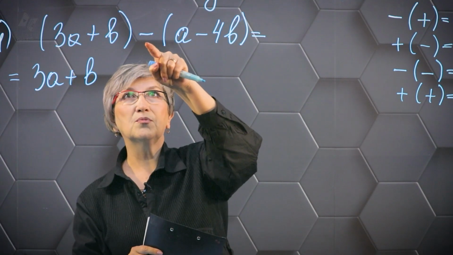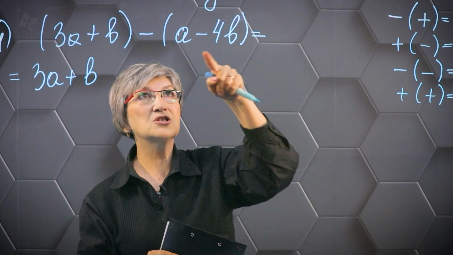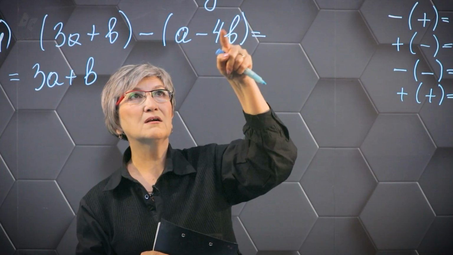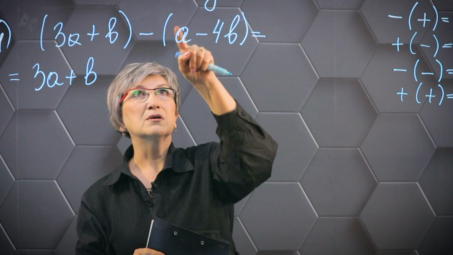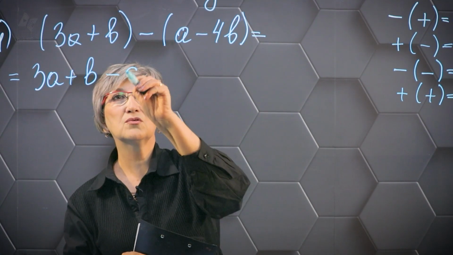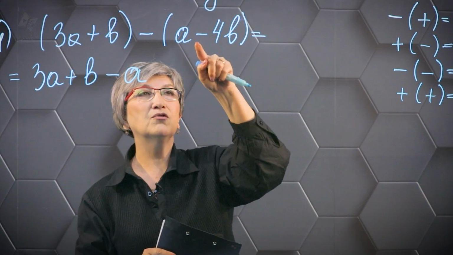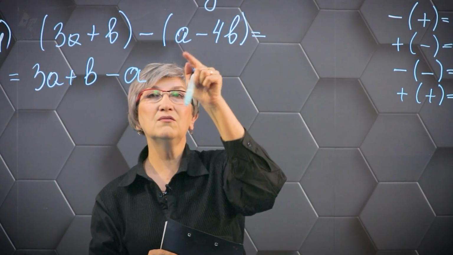But the second parenthesis has a minus sign in front of it. It tells me that I have to change the sign inside the parenthesis. The a has a plus sign, so I write minus a. But the 4b has a minus sign, I change it and the result is plus 4b.